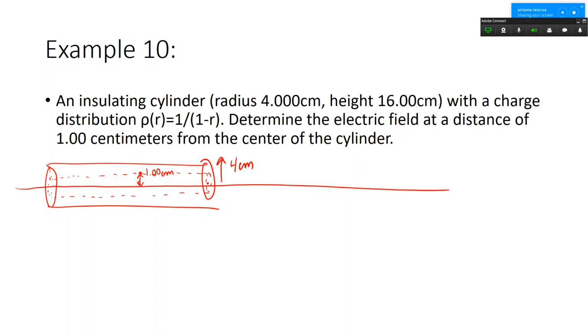Like that. And I can set up my Gauss's law as E dot dA is equal to Q inside over epsilon naught.